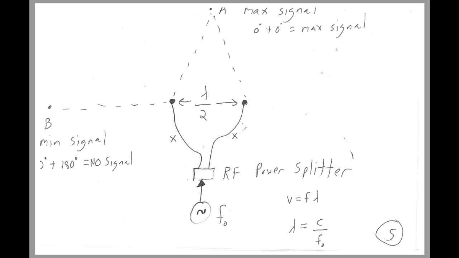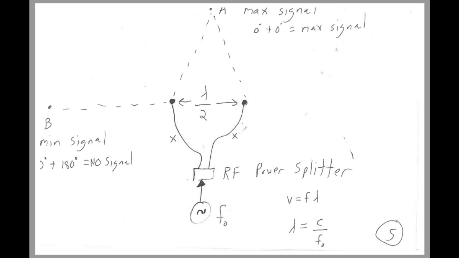They both propagated the same distance. So I think it's clear at position A, we will see a max signal. Why? Because 0 degrees plus 0 degrees equals max signal. So if you had a radio at position A and tuned to frequency F0, you would hear the signal no problem.